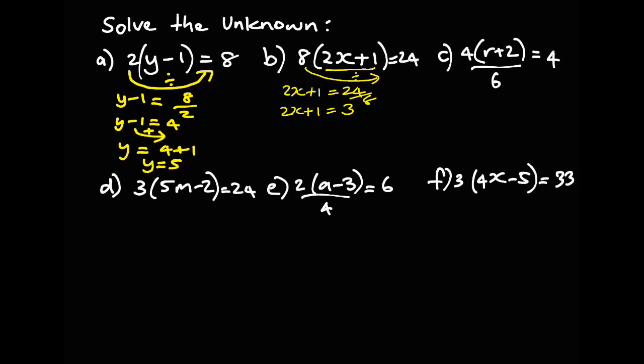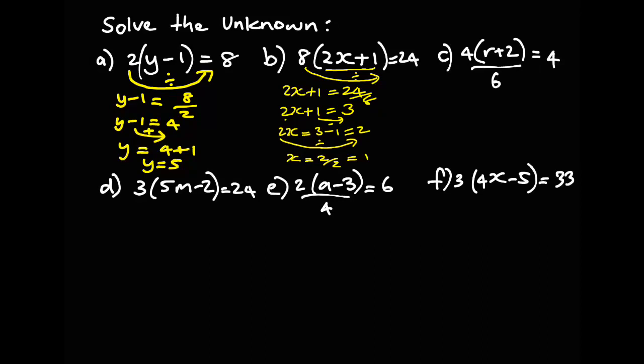Now before we can get rid of the 2 that's in front of the x, we've got to bring this 1 across, and it comes over as a minus. So we've got 2x equals 3 minus 1, which equals 2. 2x equals 2. Now we can bring the 2 across as a divide. So we're left with x equals 2 divided by 2 equals 1.